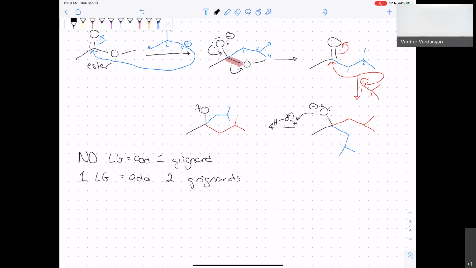We reform the double bond anytime we have a leaving group. We are going to protonate when we have nothing else.